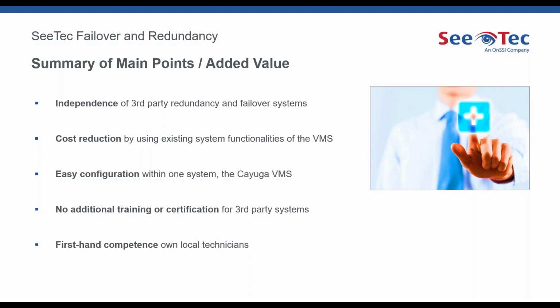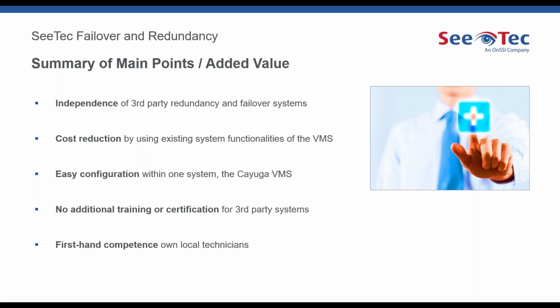It is all done within its own hardware. Again, those cost reductions, you're not having any additional third-party hardware and software. You've got your initial licensing for your software, and then you've got your ongoing maintenance and your releases for that associated software. The configuration is all done within Cayuga.